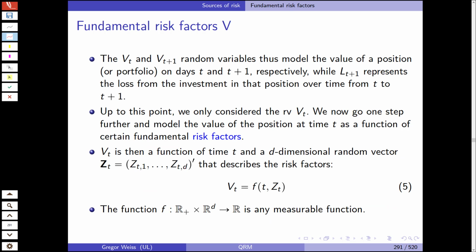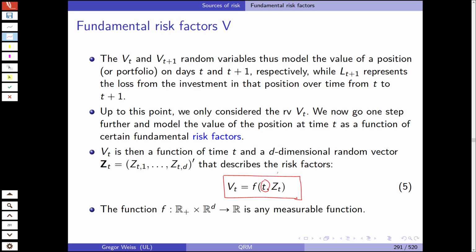Then we have those values V t and V t plus 1. They are random variables. Losses are a random variable. And up until this point, we only considered the random variable V t. We now go one step further and model the value of the position at time t as a function of certain fundamental risk factors. V t is assumed to be a function of time and a d-dimensional random vector Z t that describes risk factors. So we have V t being a function of time t and risk factors.